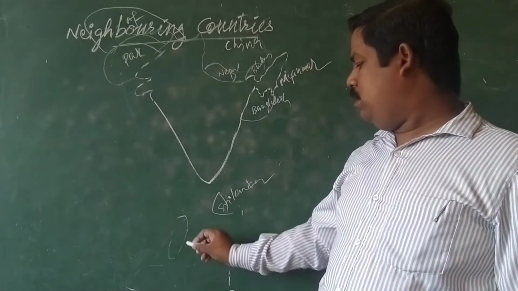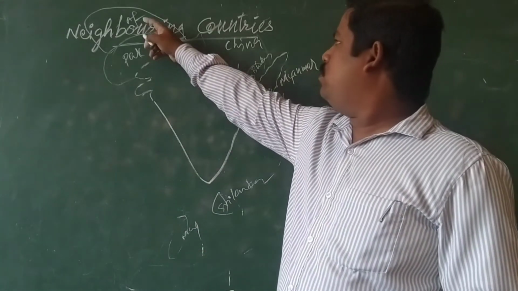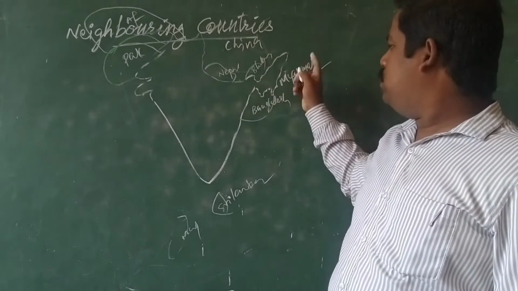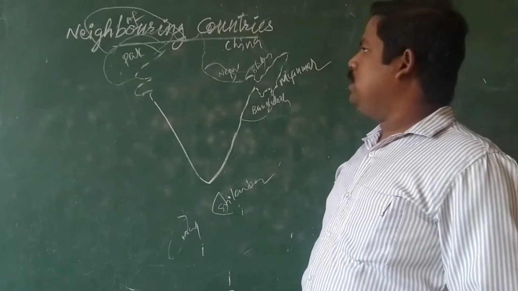So these are the neighboring countries. We have mentioned 8 neighboring countries here.